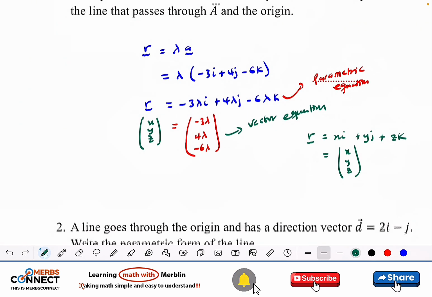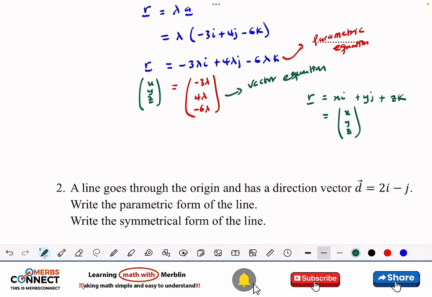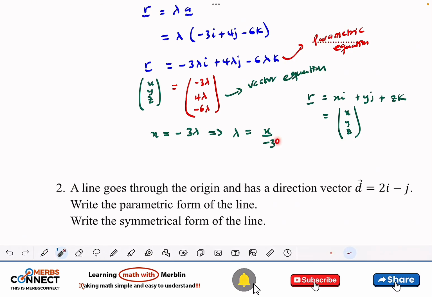So now let's write it in the symmetric form. I'm going to find lambda from x. This implies that x is equal to minus 3 lambda, so lambda is equal to x divided by minus 3. The way we write this is very important.